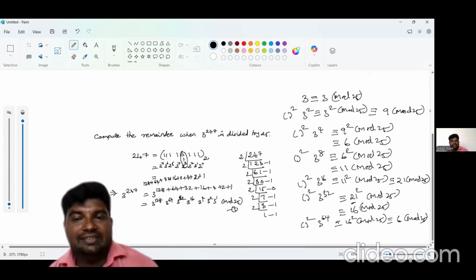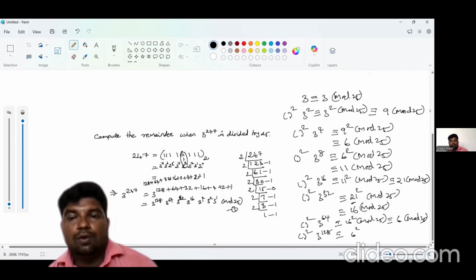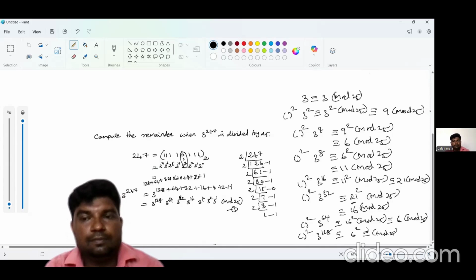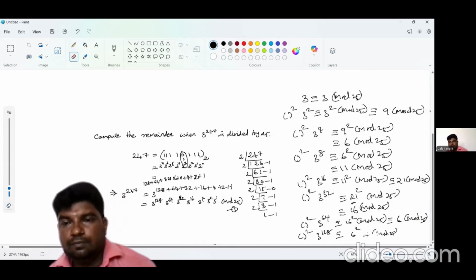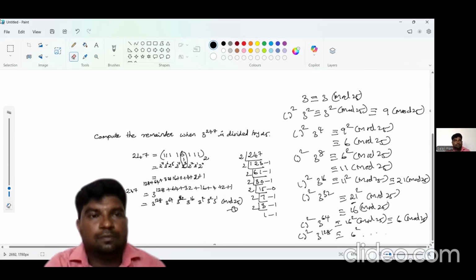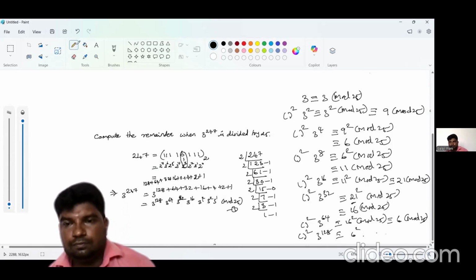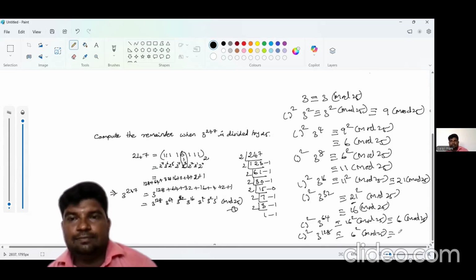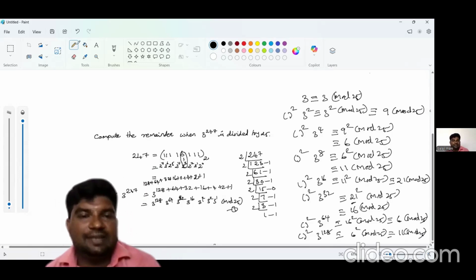Finally, one more increase: 3 power 128 is congruent to 6 squared, which is 36, and 36 divided by 25 gives remainder 11 modulo 25. From all those powers, we are getting the remainders successfully.